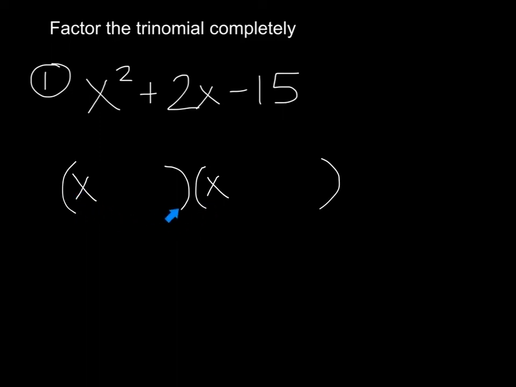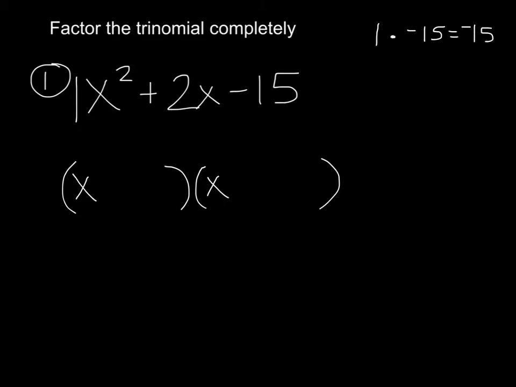Then I think about the number in front of the x squared. That's a 1, so I take 1 times negative 15, which gives me negative 15.